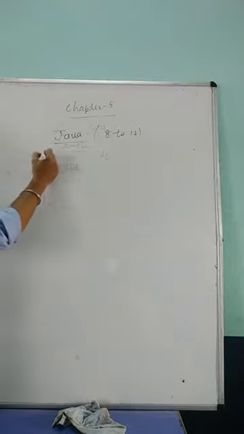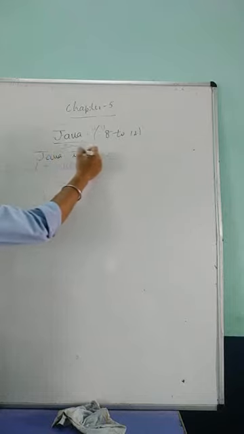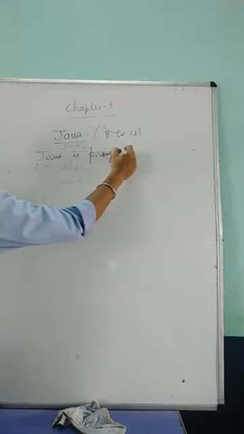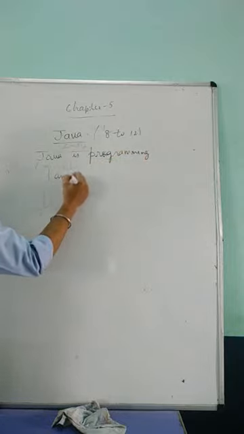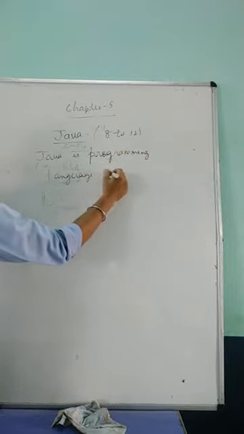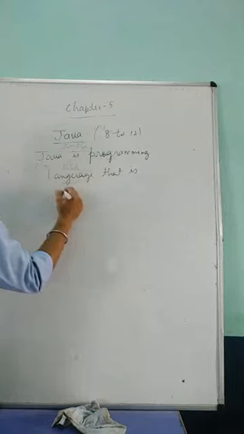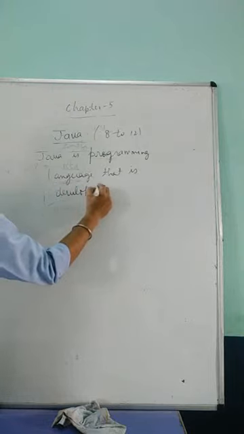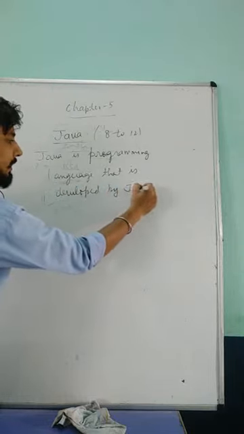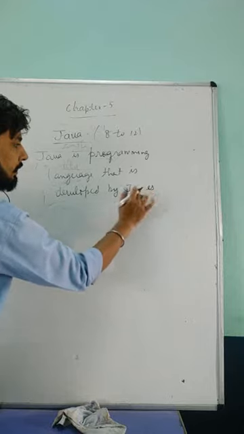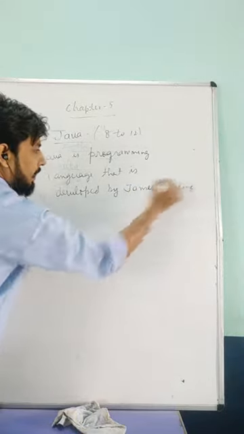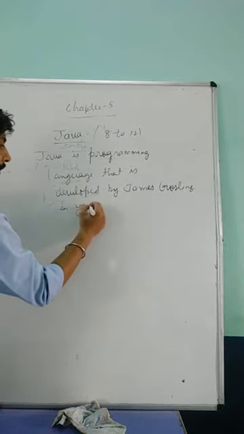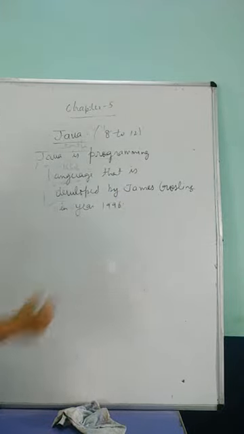Java is a programming language that was developed by James Gosling in the year 1996.